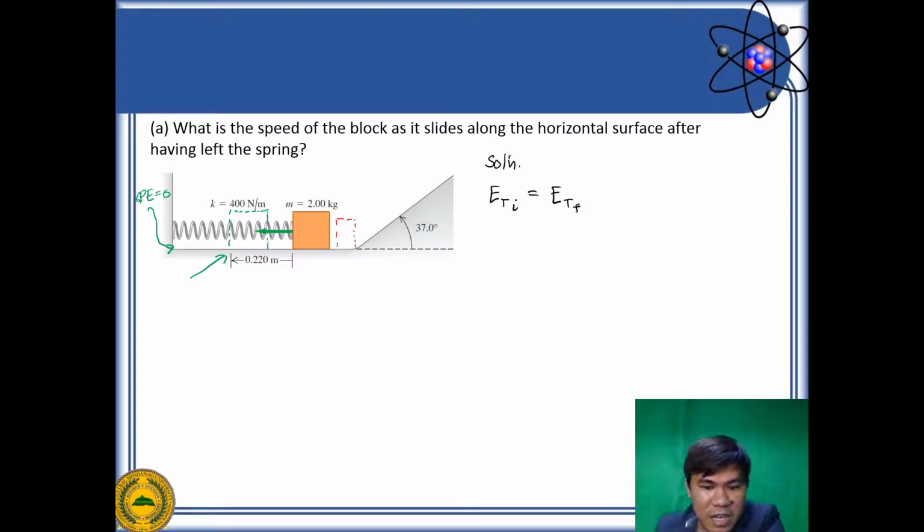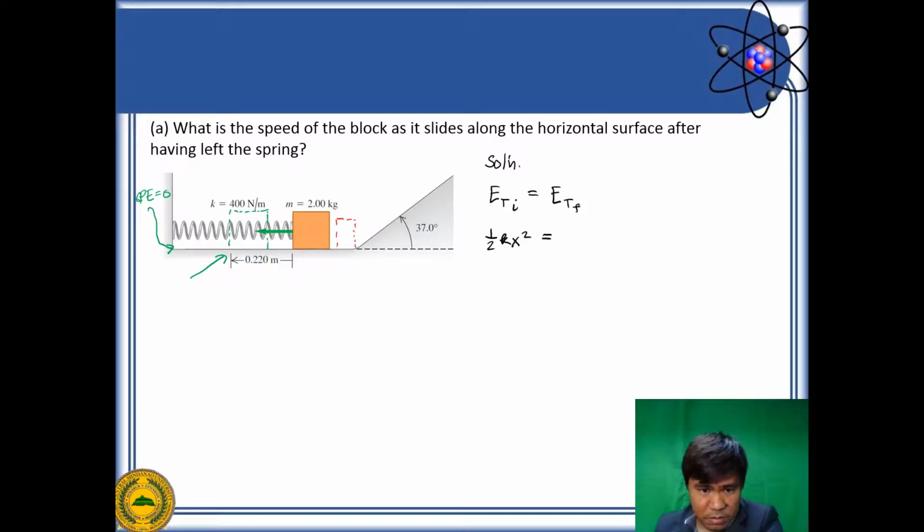So that would mean the total mechanical energy present initially is just equal to the energy associated with the elastic material, which in this case is the energy of the compressed spring.